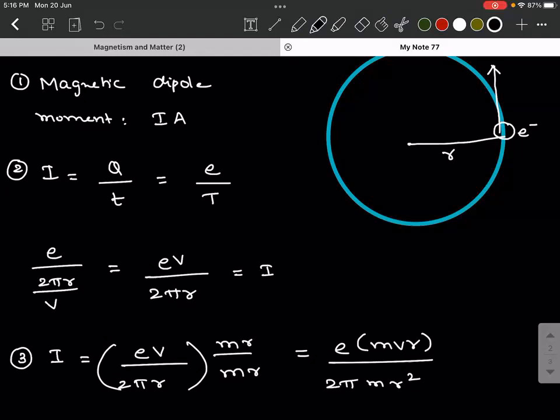Correct? Are you guys able to understand what we did? So I just multiply and divide it with R, and let me call this equation number 1.